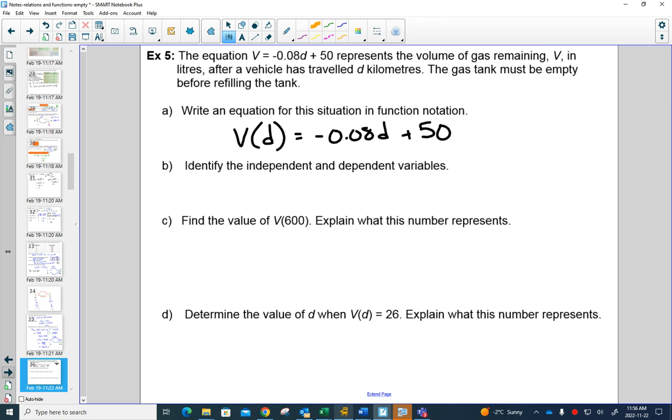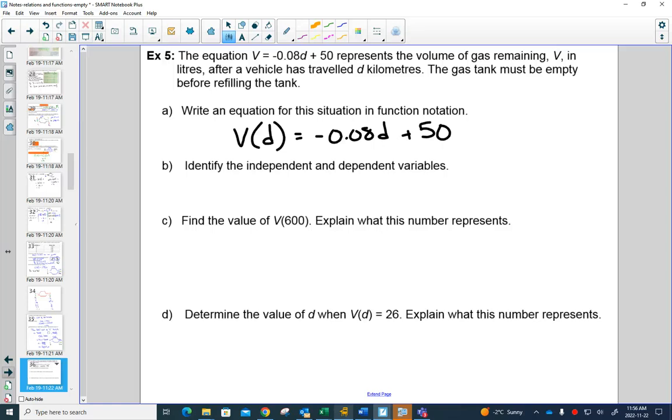We would just have to write the left-hand side in function notation. So you just have to do 50 divided by 0.08, and then take that number and make it a negative.